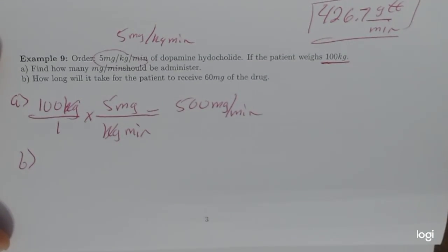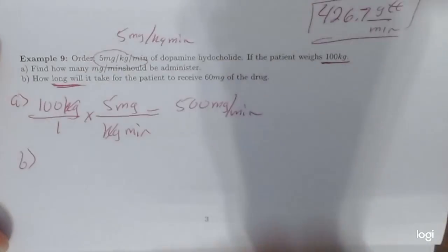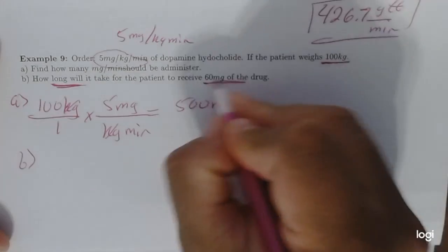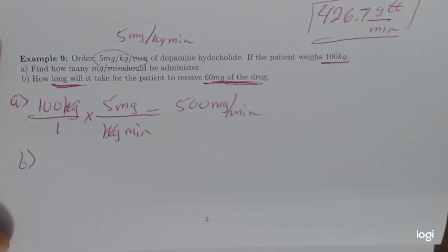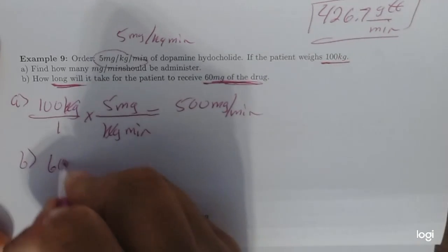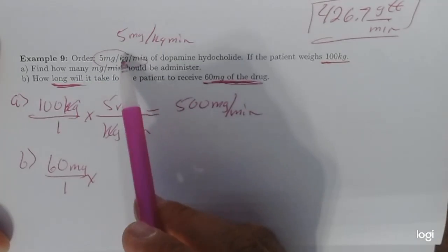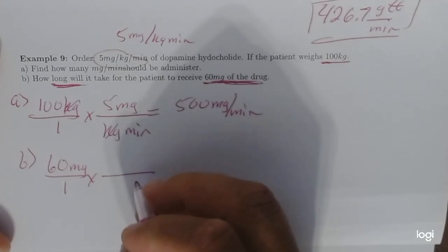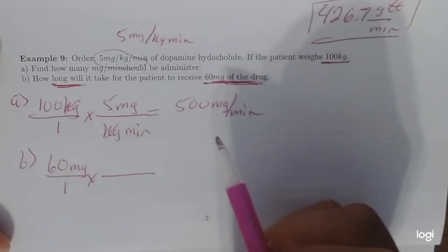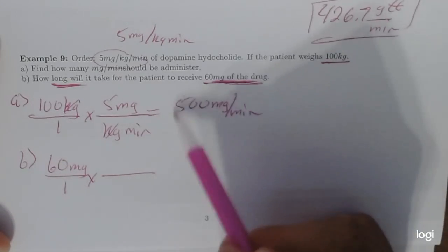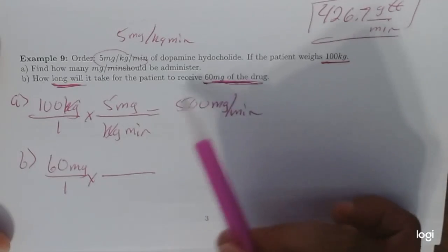The last thing is how long. So we're looking for time, right? How long will the patient receive 60 milligrams of this drug? So start with what's given to us, 60 milligrams. The only thing we know that cancels out milligrams is, again, the order itself, so this one now has to go on the bottom. The cool thing is you can use this, or you can use what you have here, because we're only looking for time.